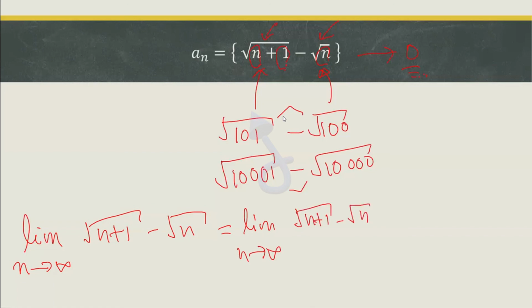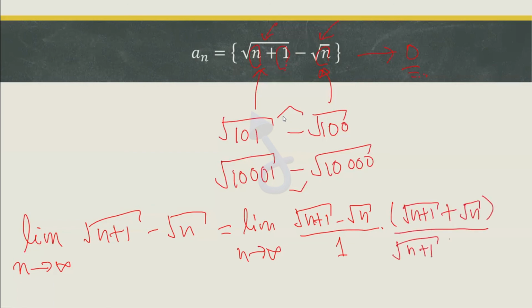This is simply a multiplication of both the numerator and the denominator by the same quantity, which is the conjugate of your numerator. And if we do that, we obtain the following limit.